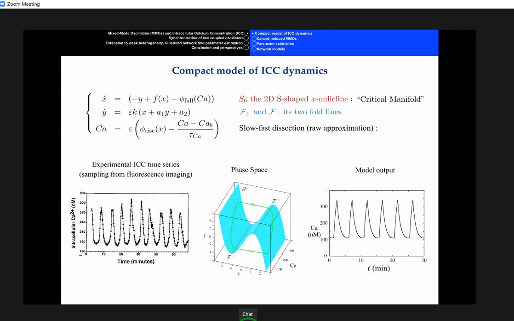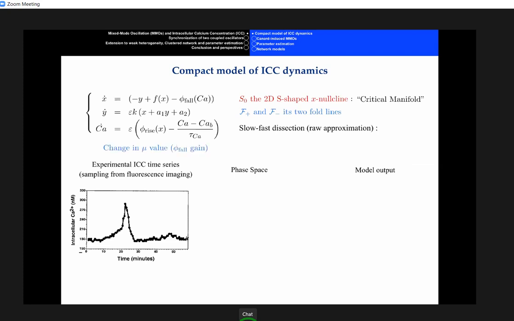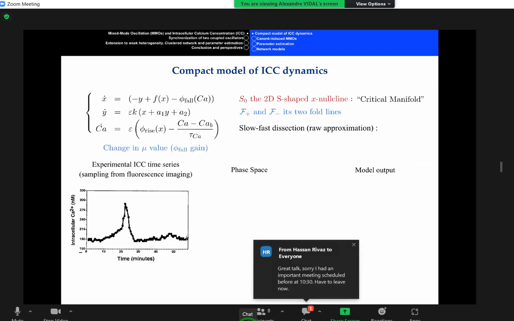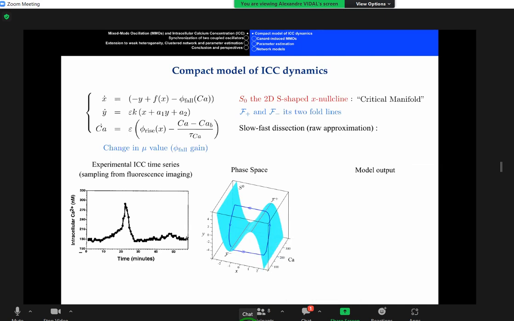If we change a bit the parameter and we try to reproduce the isolated peaks of ICC, then we change certain parameters to obtain a singular attractive point, an equilibrium, globally attractive.